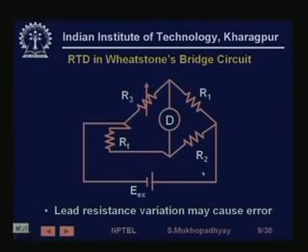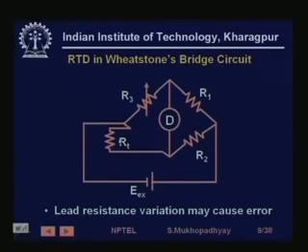It is well known, and I am not going to cover it here, that the detector voltage for small changes in RT, which is the sensor, is proportional to the resistance change.